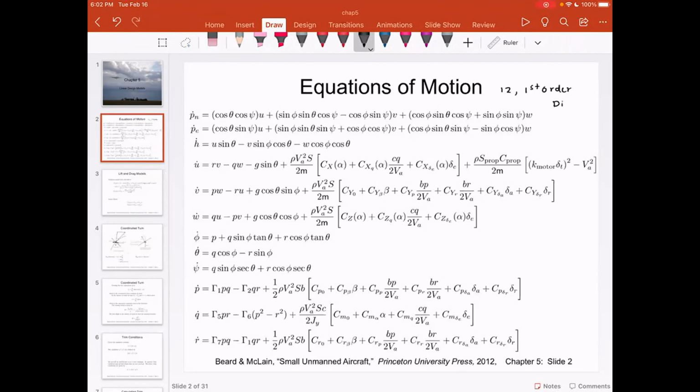We started with all forces equal to 0, all moments equal to 0. In project 3, we added the forces because of gravity, aerodynamic forces, and propulsion forces, and we added the moments.